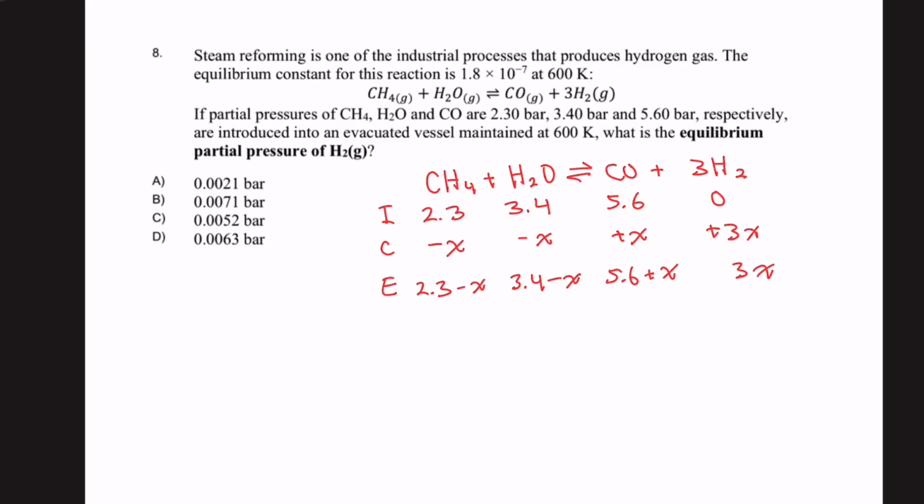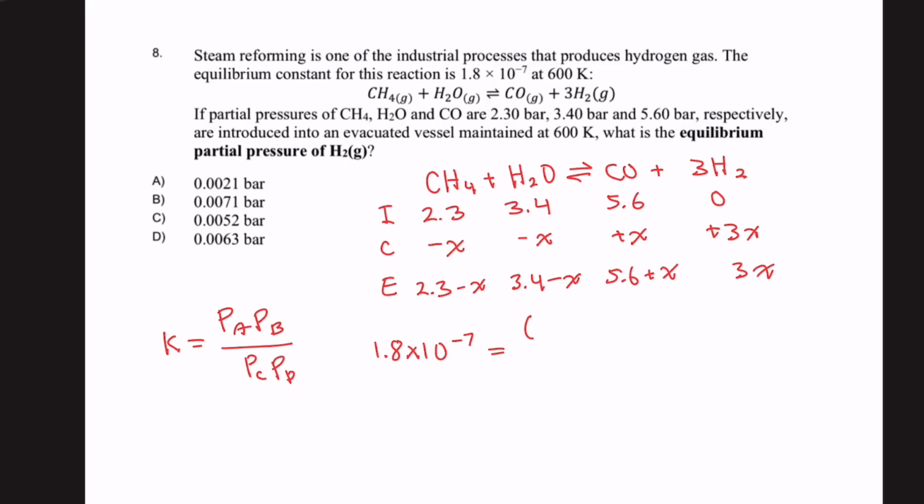So now we can plug this in to our equation, which is K is just going to be the partial pressures of all of the products over the partial pressures of the reactants. So that's just kind of a general formula. So we're given K. It says it's 1.8 times 10 to the negative 7.